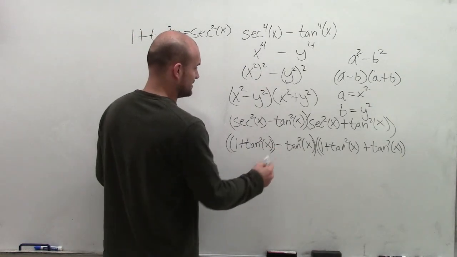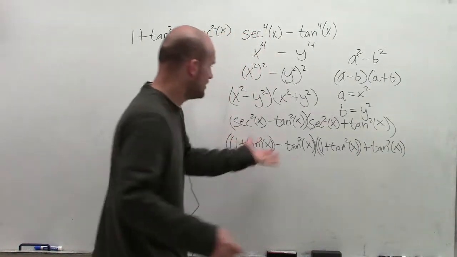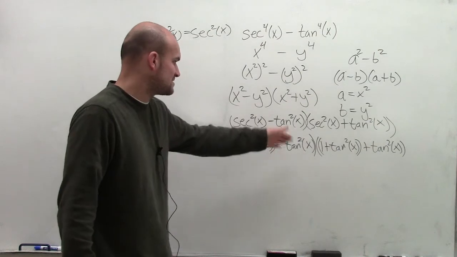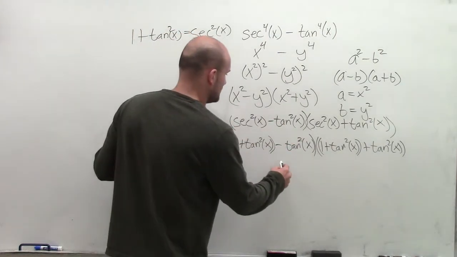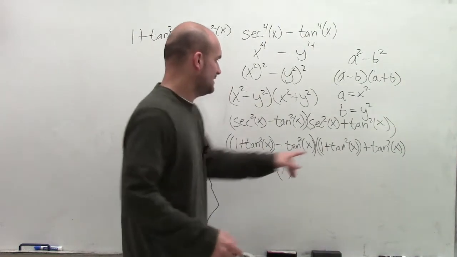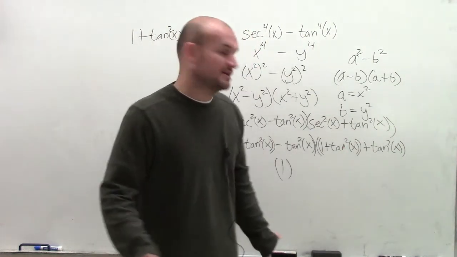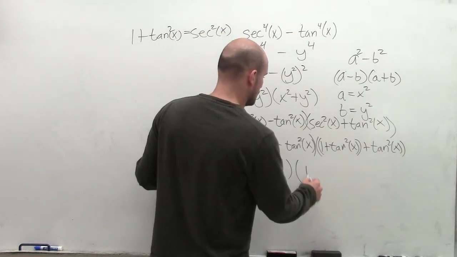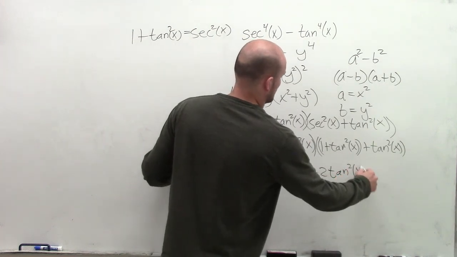I don't really need my parentheses to simplify, because tangent squared of x minus tangent squared of x is going to be 0. 0 plus 1 is just going to leave me with 1. And then here I have 1 plus tangent squared of x plus tangent squared of x, which gives me 1 plus 2 tangent squared of x.